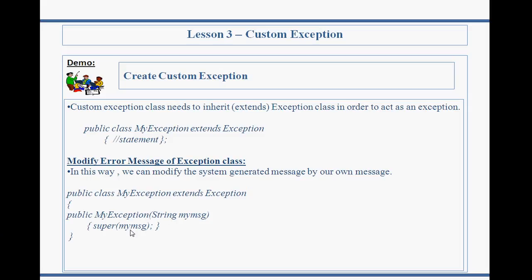Here super refers to the super class, as my class is extending the Exception class, so Exception is my super class. Now I am going to explain this custom exception with one example.